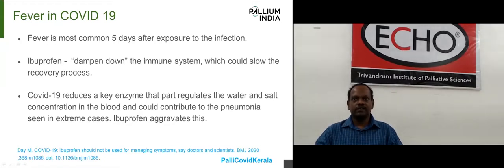It is also said that COVID-19 interacts with an enzyme that regulates salt and water concentration in the blood and can contribute to pneumonia in some patients. And some literature says that ibuprofen can aggravate this problem.